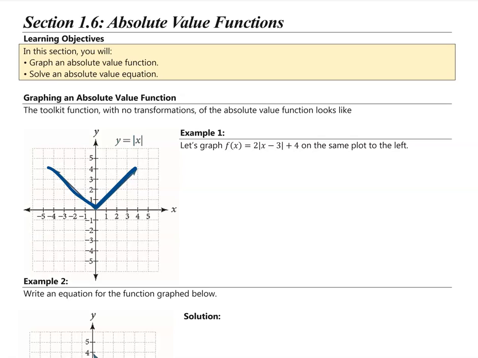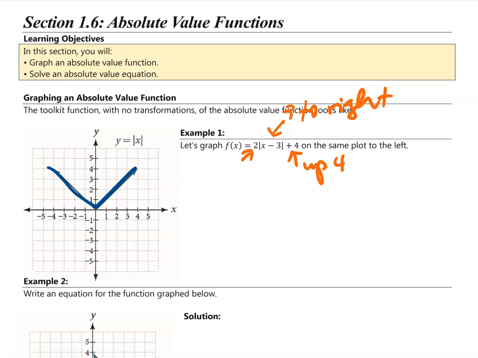Now let's graph f of x equal to 2 absolute value of x minus 3 plus 4. Here, remember, minus 3 means 3 to the right, plus 4 means you go up 4, and 2 is a stretch factor.